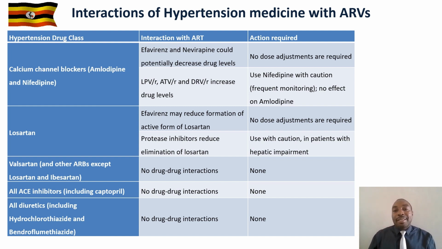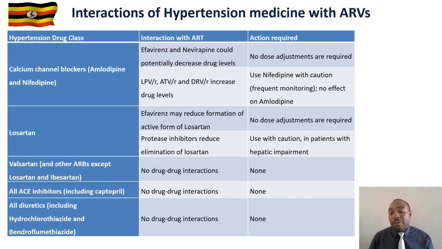So when the liver is stimulated by nevirapine or efavirenz, these antihypertensives, amlodipine and nifedipine, will be cleared very quickly, so their drug levels will reduce in circulation. So someone's blood pressure may not be controlled well.